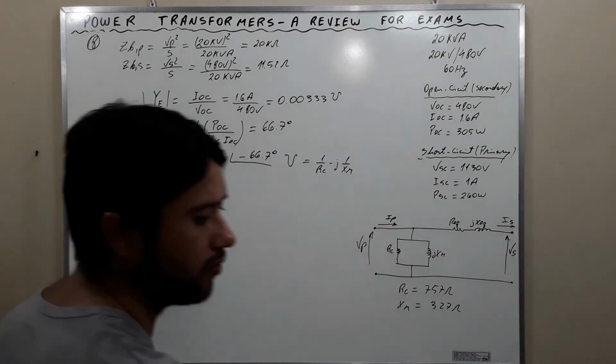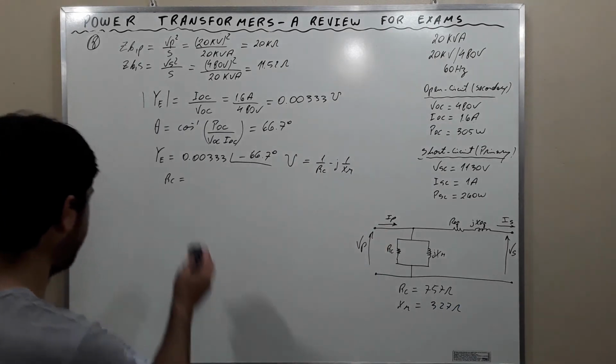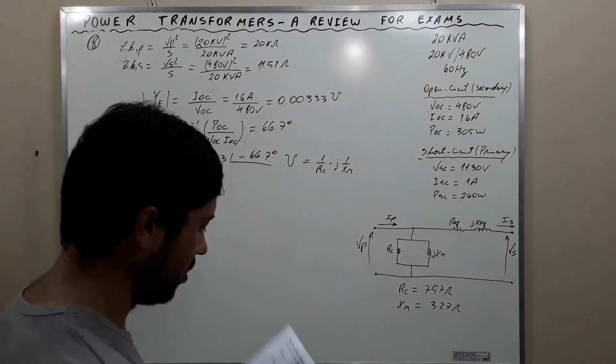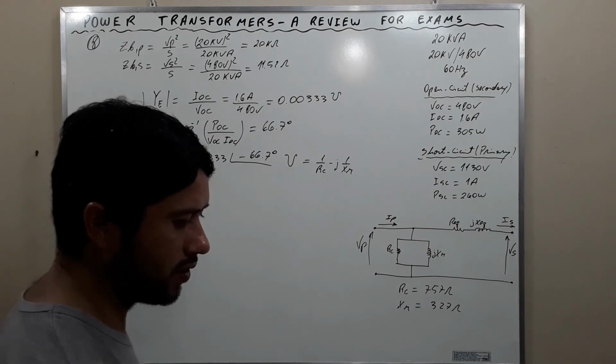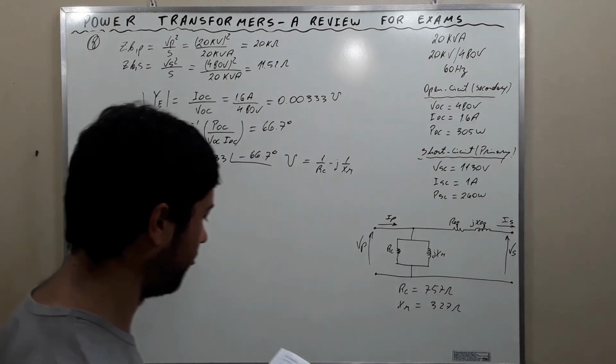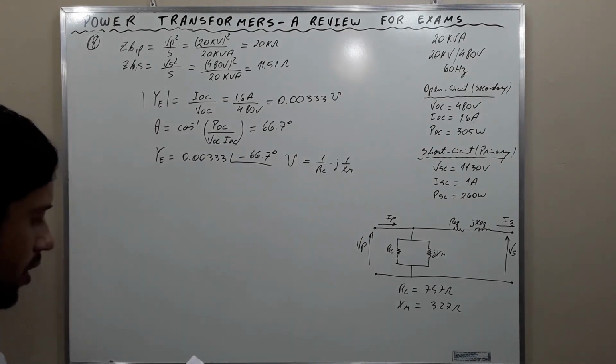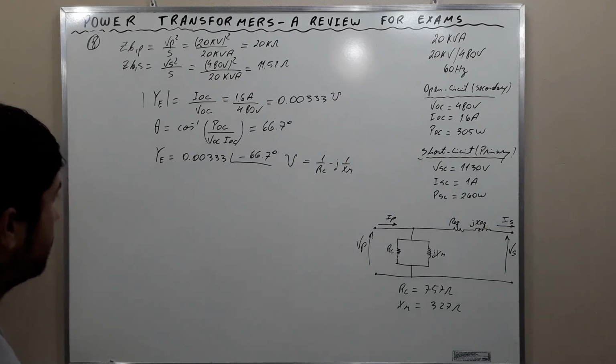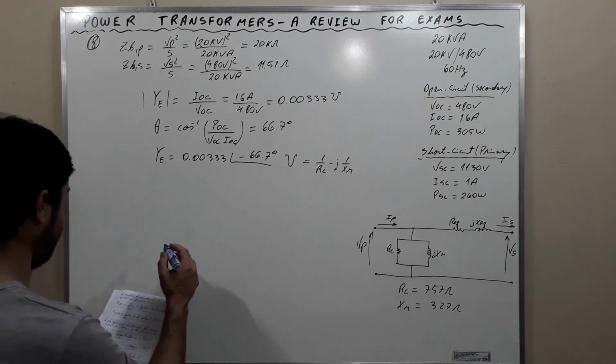These are the values of the excitation elements, the elements of the excitation branch. We are requested to convert them to per unit. Yes, we need to convert them to per unit, and to convert them to per unit, we just divide by the base.